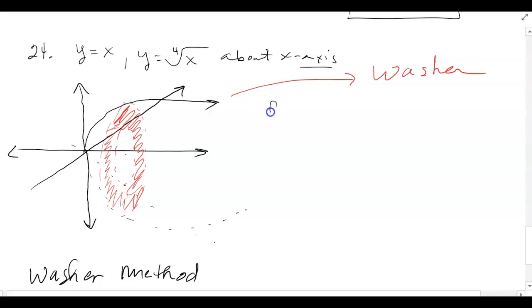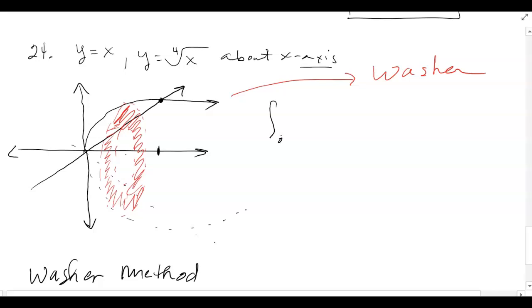So we're going to take the integral up. We need to know how far out we're going. That piece is missing. Obviously, we're starting at 0. And this is just where x equals the 4th root of x.